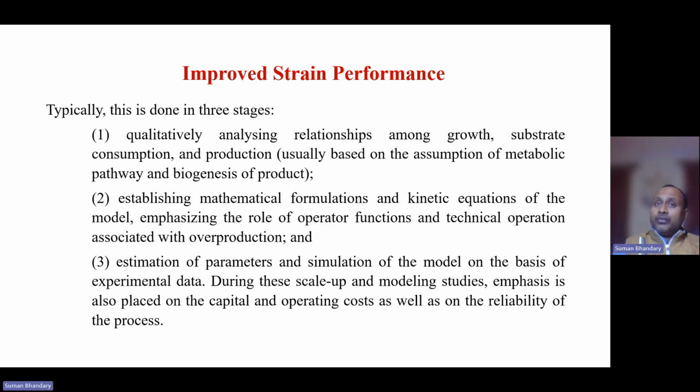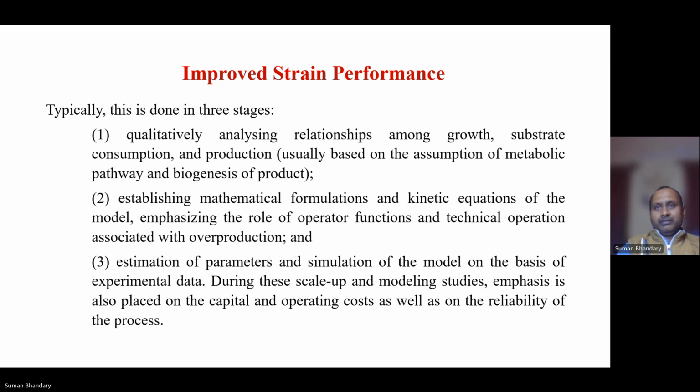The extent of shear force or the broth rheological properties as well as oxygen mass or heat transfer characteristics all contribute to improving the strain performance. It's not solely the genetic traits, but also the physical attributes.